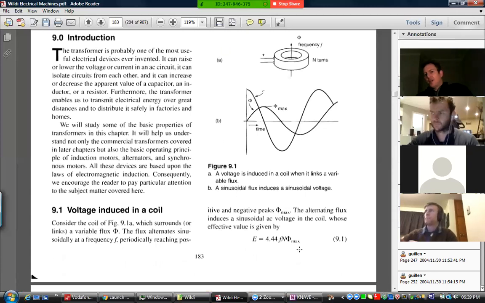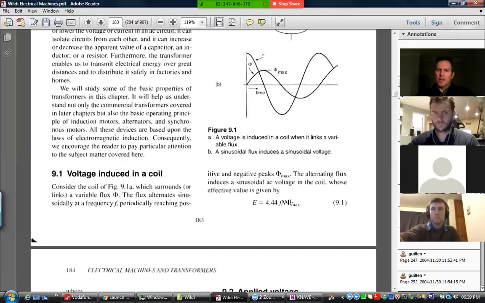All right, so this formula comes out of that d flux by dt story. All they're saying here is that there's a max flux for that whole magnetic circuit that is proportional to the number of turns, and it is proportional to the frequency as well.